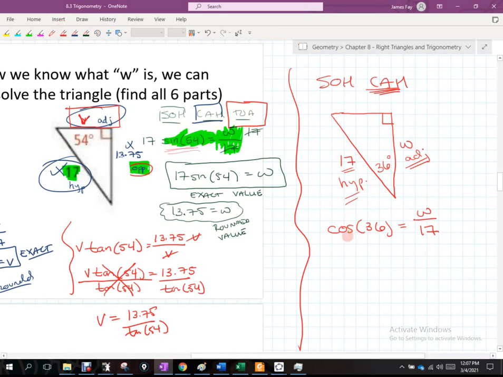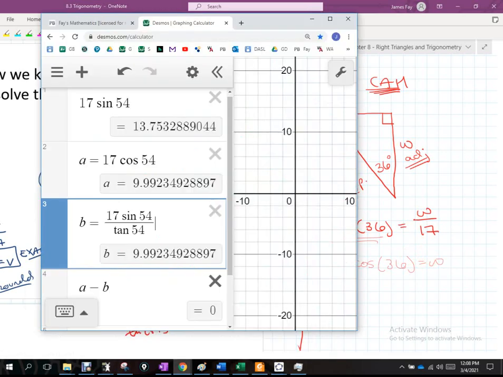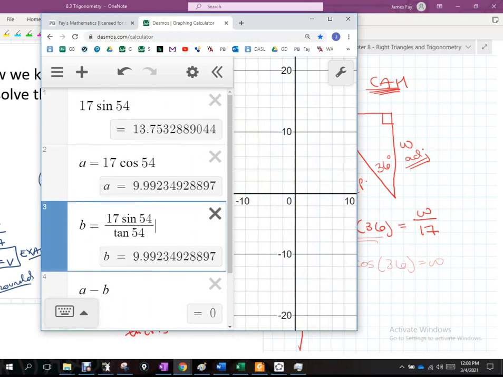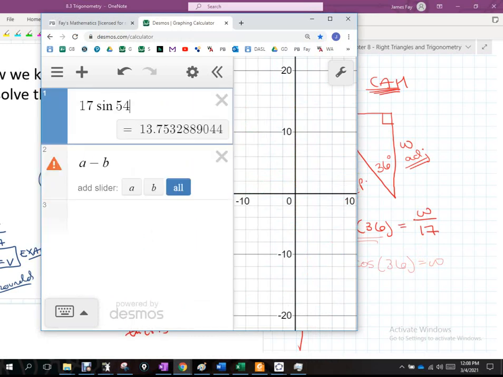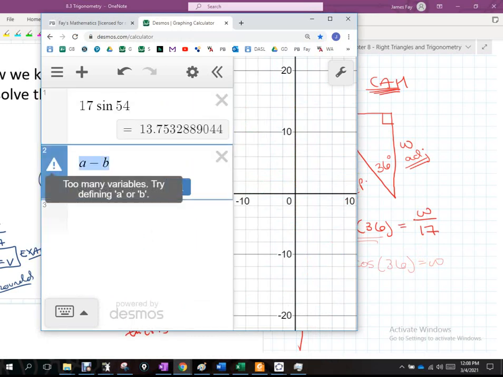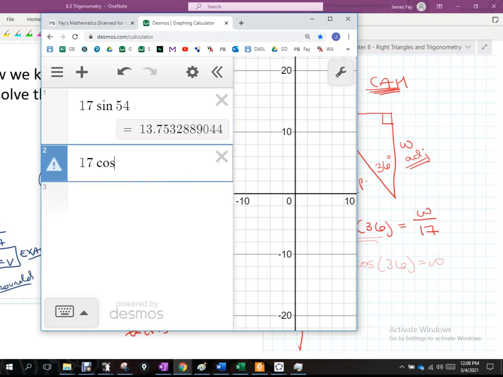And sine of 54 and sine of 36 must be equal, right? But now if I cross multiply, or multiply by that denominator, I get 17 cosine of 36 is equal to W. It's a different expression, I guess, that I type in. So I'm now looking at 17 cosine of 36, but does it yield the same result?